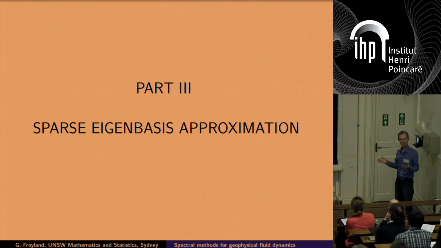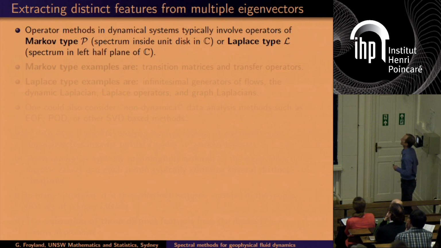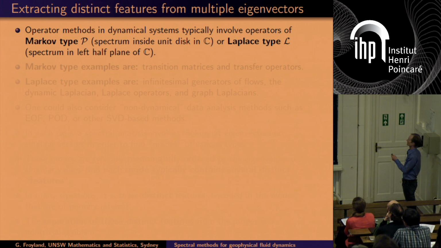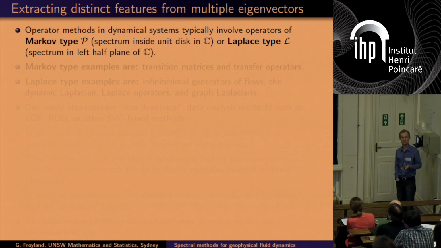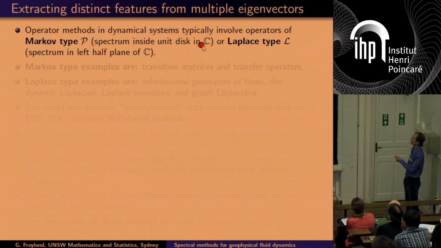And if you had more objects, how would you do that? So maybe I'll just take a step back for a little to talk more generally about operator methods. So operator methods in dynamical systems, usually you have operators that are of, let's say, Markov type, meaning the spectrum is inside the unit disk in the complex plane, or of Laplace type, where the spectrum is in the left half of the plane.